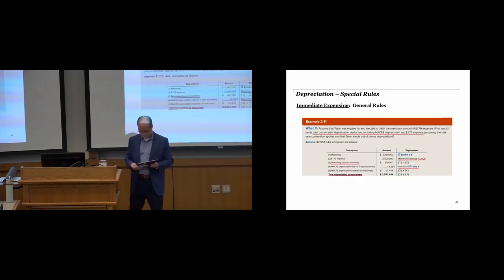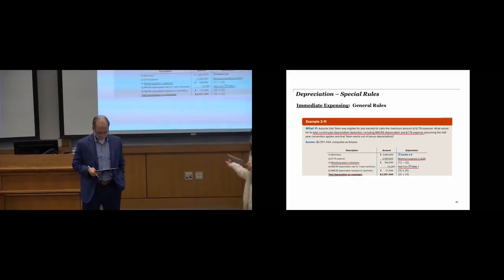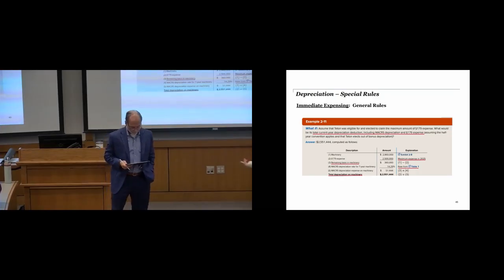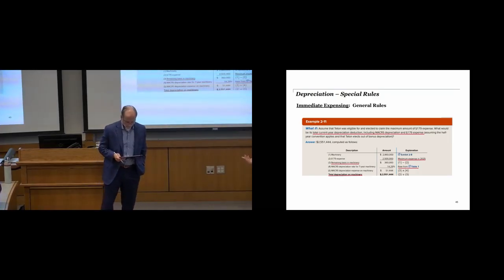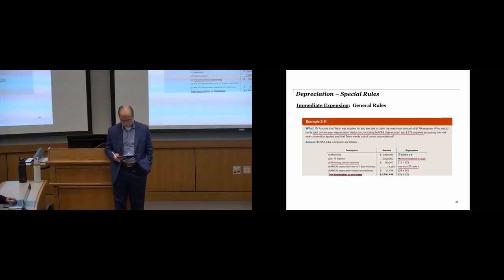But the key idea in this question is always when the section 179 is elected, we take the section 179 first, and then we apply the MACRS to the remaining basis. The machinery has a total cost of $2,860,000.